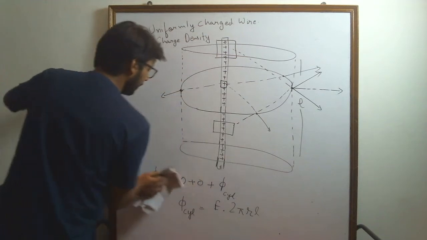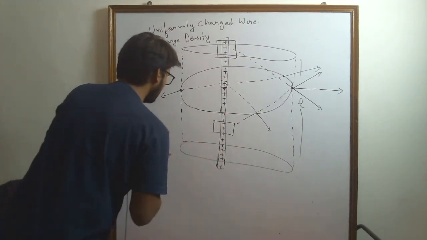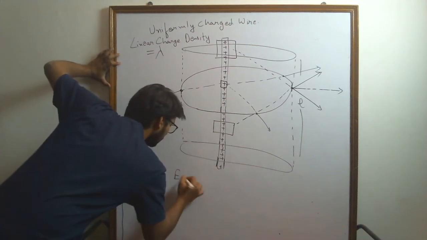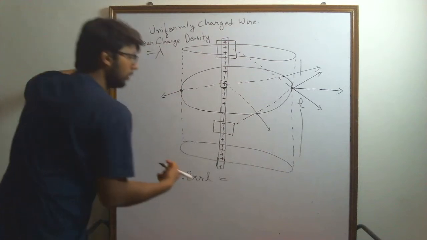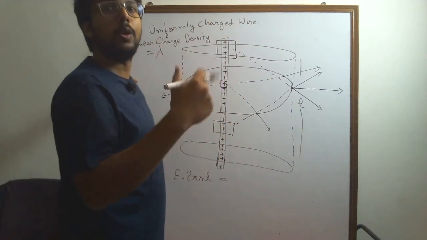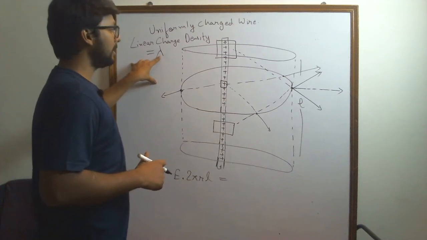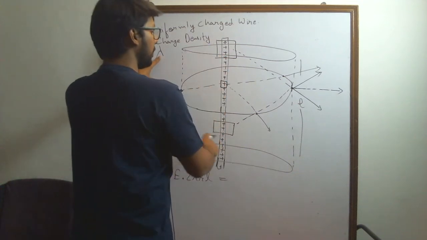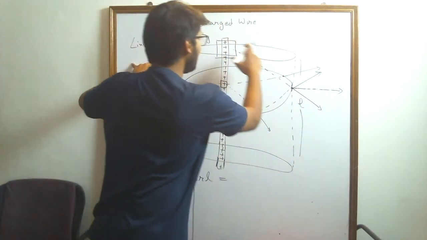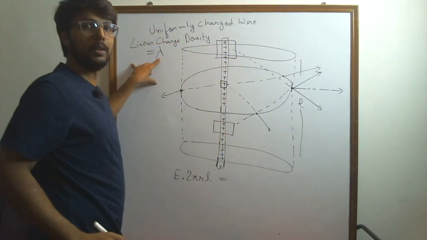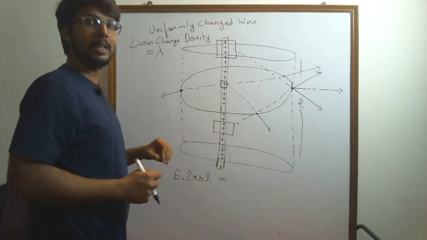As soon as I get my flux, I can equate my flux with Q upon epsilon. What is Q here? Q is the linear charge density, which is charge per unit length, into L, because L is the length of the wire encapsulated in this cylinder.